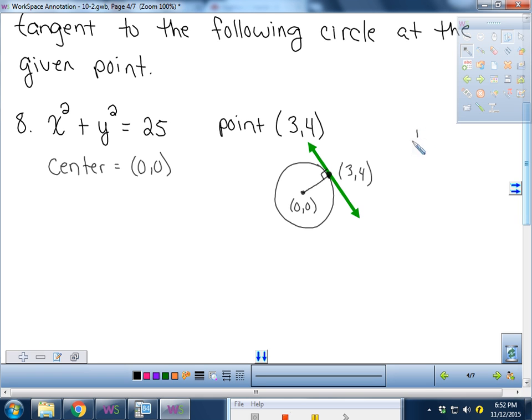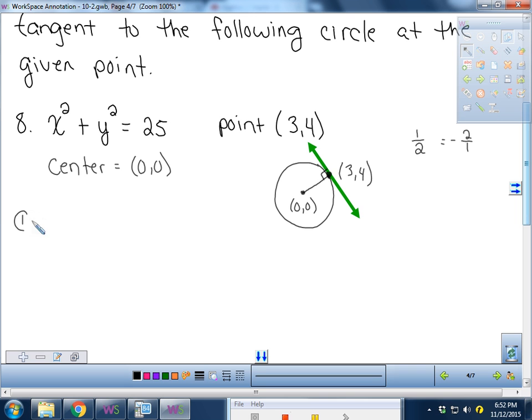So if one has a slope of 1/2, the other one has a slope of negative 2 over 1. So you change the sign and you flip it. Since we know 2 points on this radius line, I can find the slope of that. So let's find the slope.